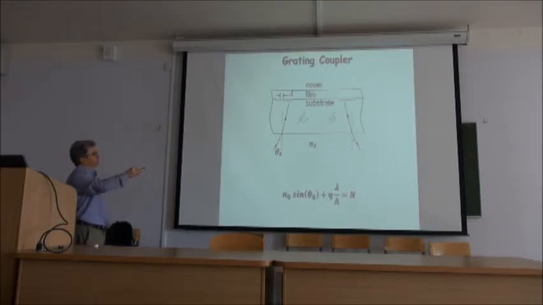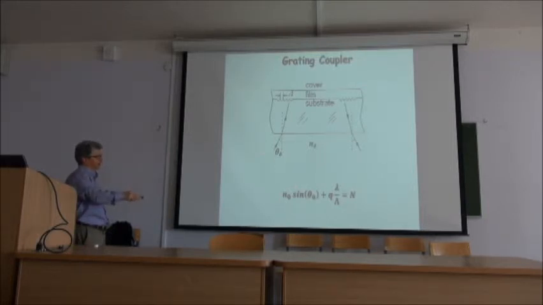If you have a grating with a period of capital Lambda here, you find that the condition for resonance, if you take the angle here and consider parallel surfaces between the waveguide and the back of the substrate, is that you can also use Snell's law from the outside.